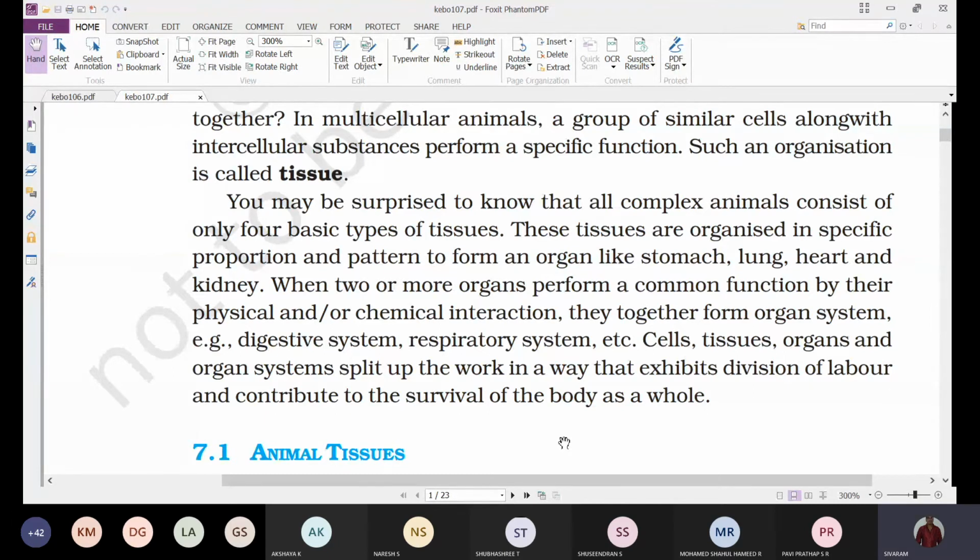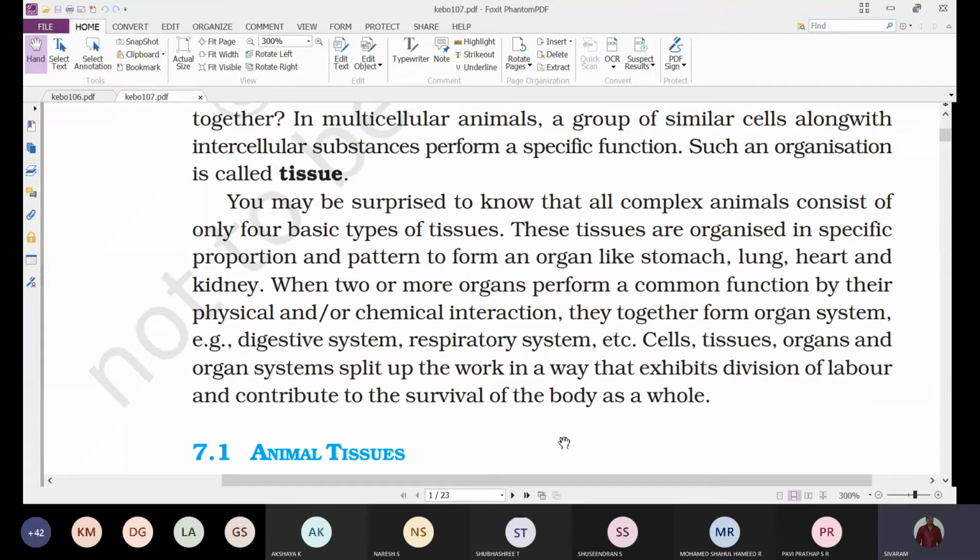So different cells group to form a tissue, different tissues group to form an organ, and different organs which are similar in function group to form an organ system. In case of plants, the organization is up to the organ level, but in case of animals it is further extended up to the organ system level.